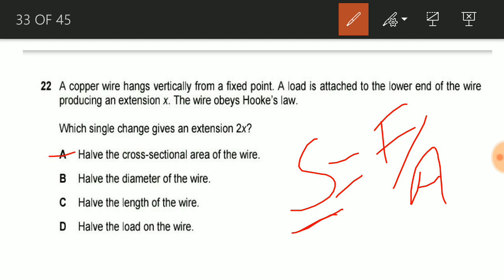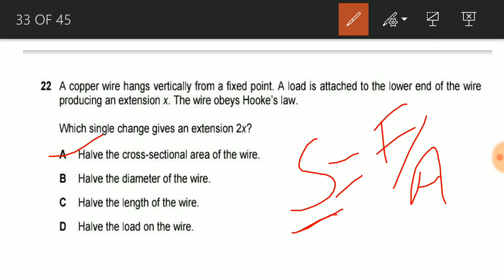Because of that, option choice A is the correct answer for question number 22. In order to keep the value of Young's modulus as it is when extension is increased, the cross section area must be halved, then Young's modulus remains the same. Option choice A is the correct answer for question number 22.